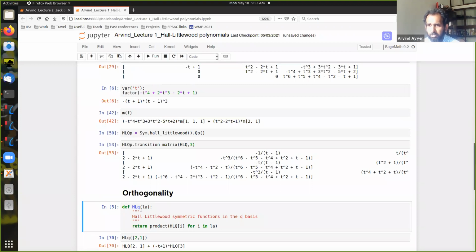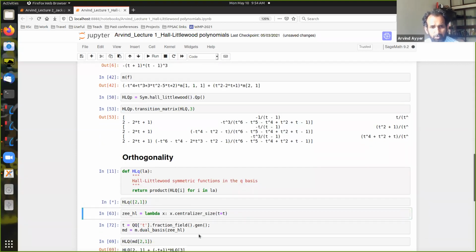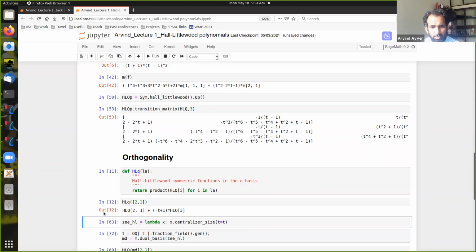This is not inbuilt in Sage, I just made it up. These are just products of big q's ranging over the partition. For example, small q of 2 1, when you express it in terms of big q, is some complicated thing.